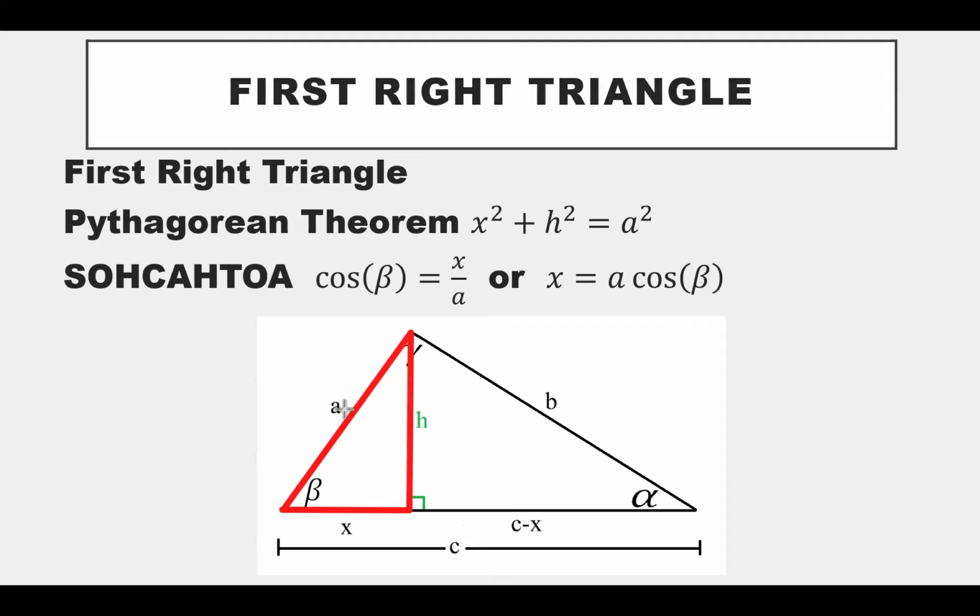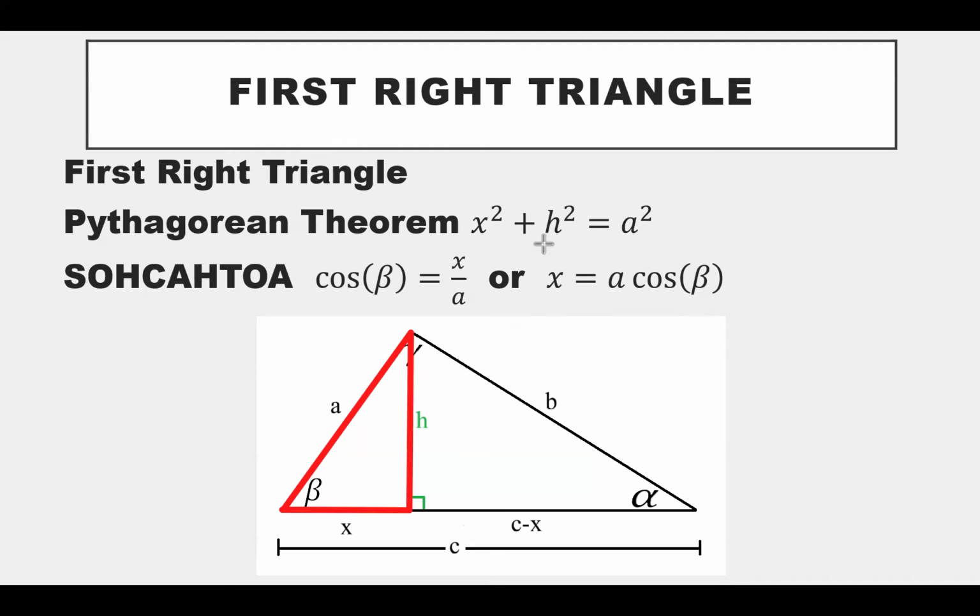That is the length of the side adjacent to beta divided by the length of the hypotenuse. So in this case, cosine of beta is x over a. Now we're going to rewrite that for convenience, multiply both sides by a, which will give us x is equal to a times cosine of beta.